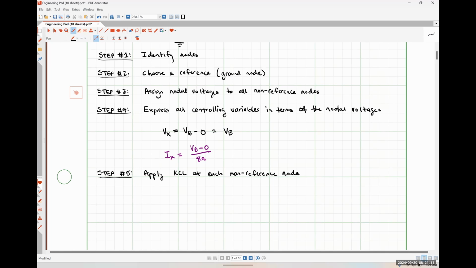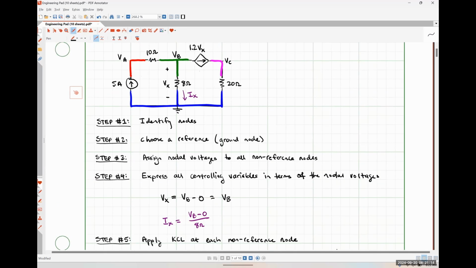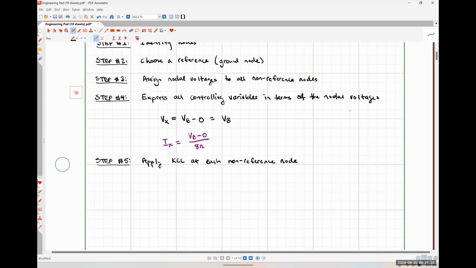So we have 3 different nodes that are not our reference nodes. So we'll be applying Kirchhoff's current law 3 times, once at node A, once at node B, and once at node C. So I'm just going to make a quick note down here.